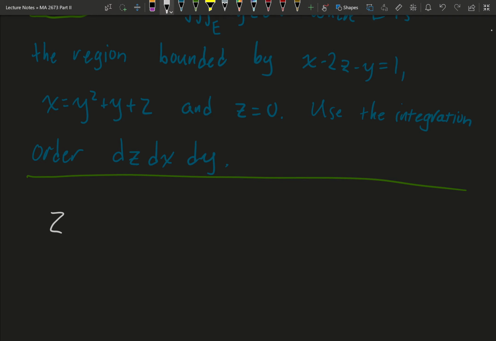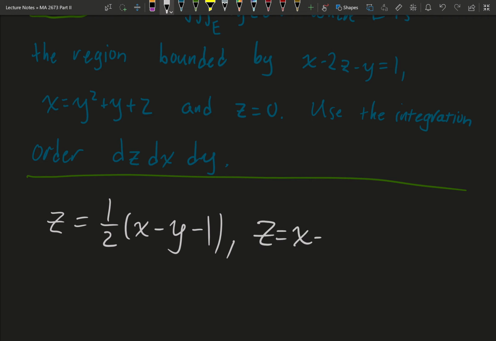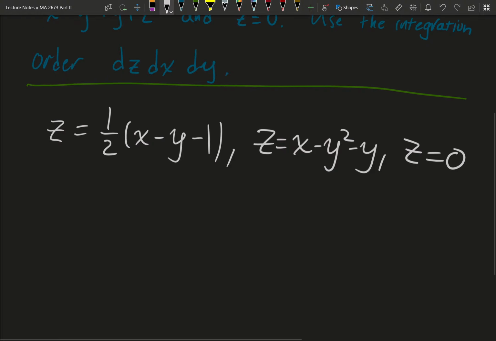So we're going to get z equals 1/2 x minus y minus 1, z equals x minus y squared minus y, and z equals 0 as our defining equation.